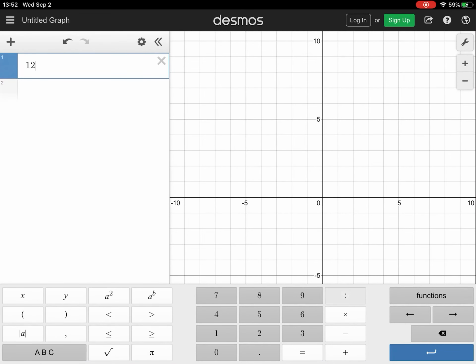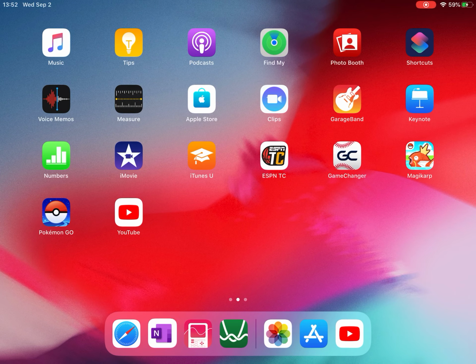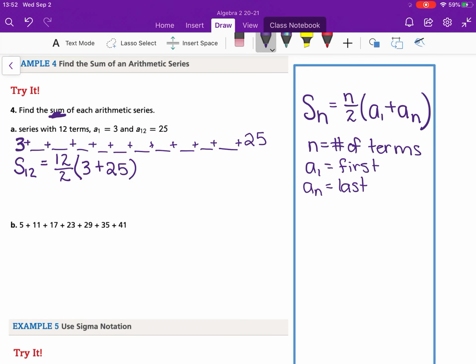So 12 divided by 2, parenthesis 3 plus 25. 168. So the sum of all of those numbers together is 168. That was much easier than actually having to figure out what numbers go in between here and add them up.